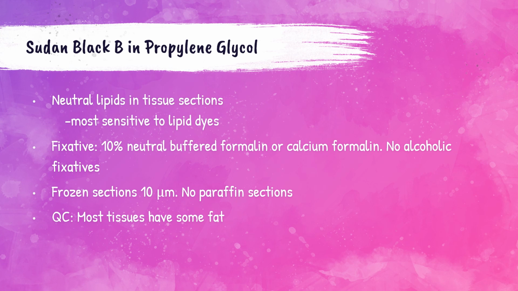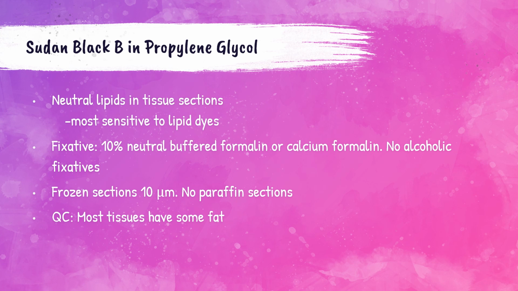Tissue should be fixed in 10% neutral buffered formalin or post-fixed in calcium formalin. No alcoholic fixative should be used, as we already know that alcohol dissolves lipids, and we're looking for lipids, right? So we don't want them to be dissolved. Frozen sections need to be cut to 10 microns in thickness. Paraffin sections are not able to be used for this because the dehydrating and clearing agents used for that dissolve fats.